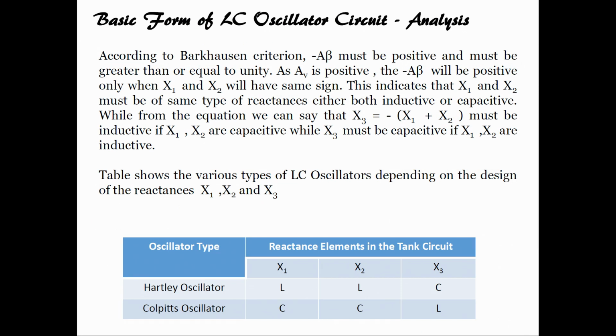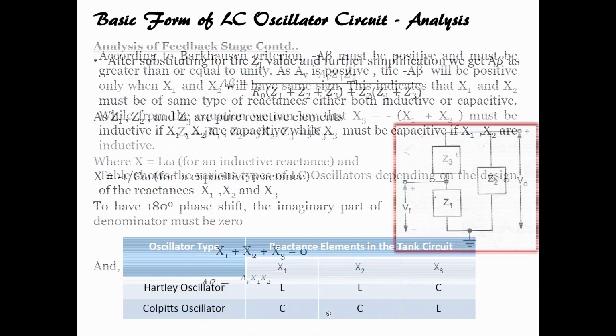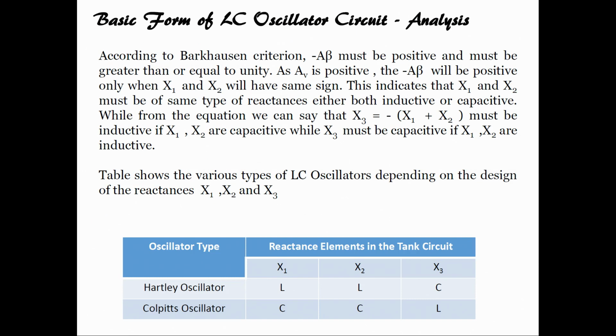We have seen that it is the Barkhausen criterion. As A beta is positive, minus A beta will be positive only when X1 and X2 have the same sign. If X1 and X2 have the same sign, then only minus A beta can be positive. This indicates that X1 and X2 should be the same type of reactances.